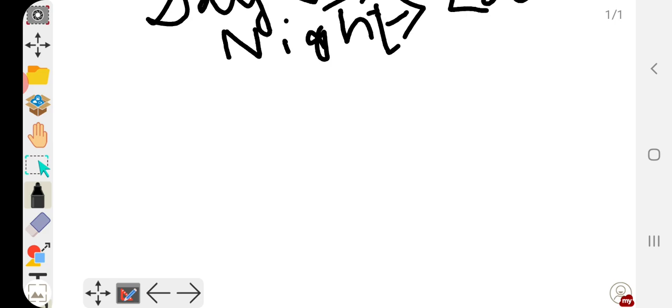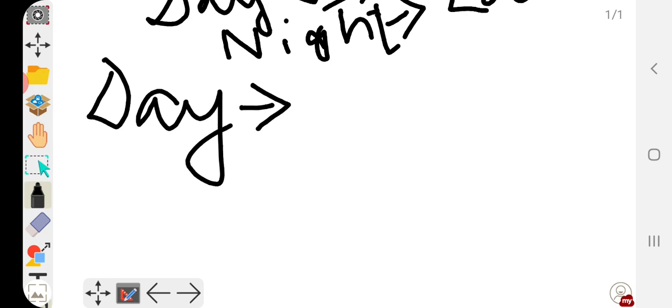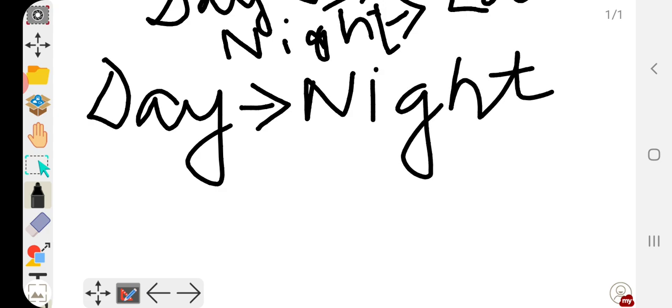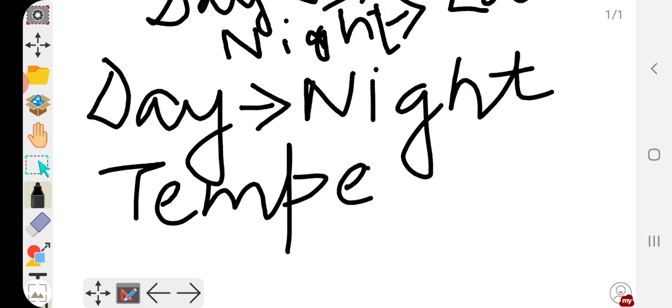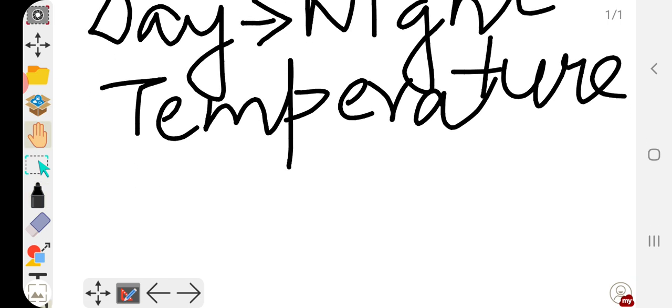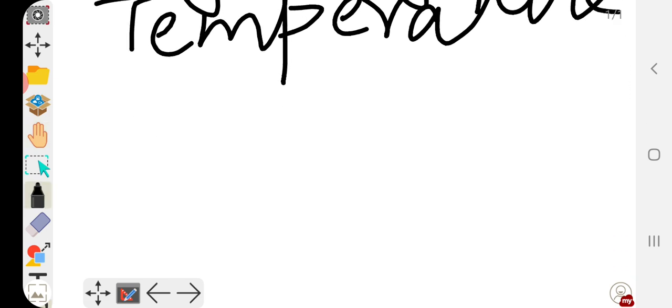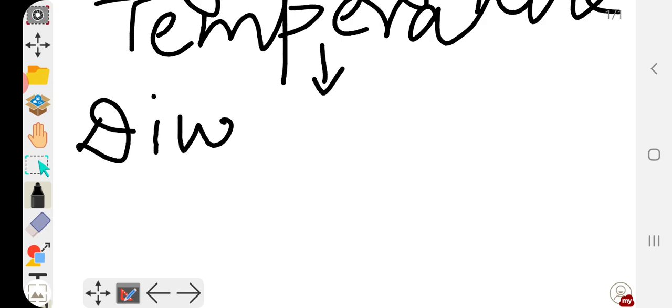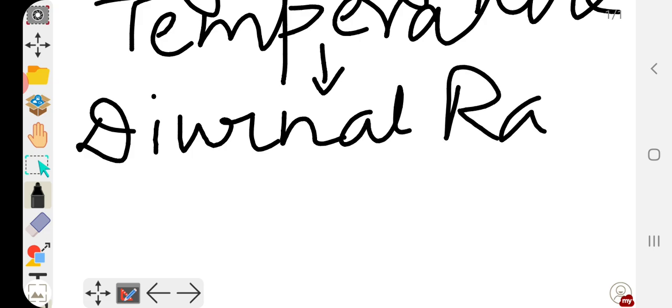Now this day-night temperature variation is termed as the diurnal range of temperature.